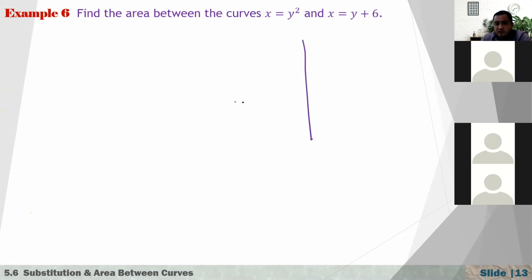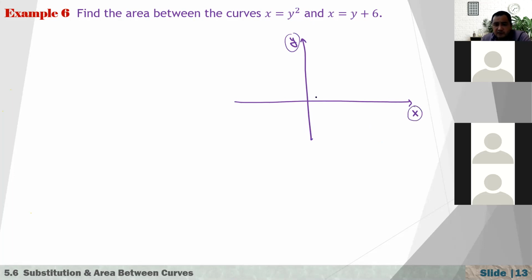All right, if you draw your curve, here we have x equals y squared, right? So if this one is y and this one is x, just momentarily, you can change to describe this one. Suppose that this one is x, this one is y.